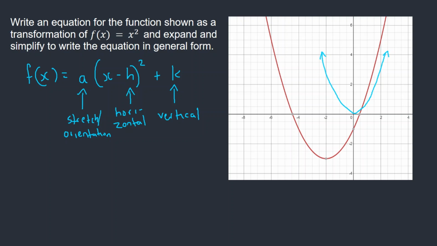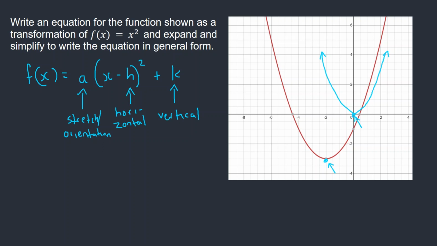The best way to inspect this is to actually look at the vertex. For those of you that may not know or may have forgotten, the vertex is simply this point over here. And so the vertex for the red equation is over here. So that is a good marker to see how the new function is being transformed.